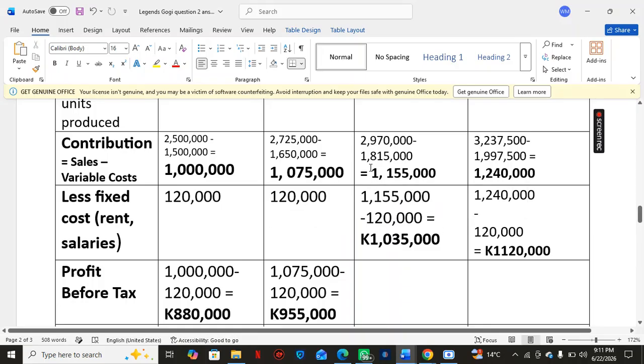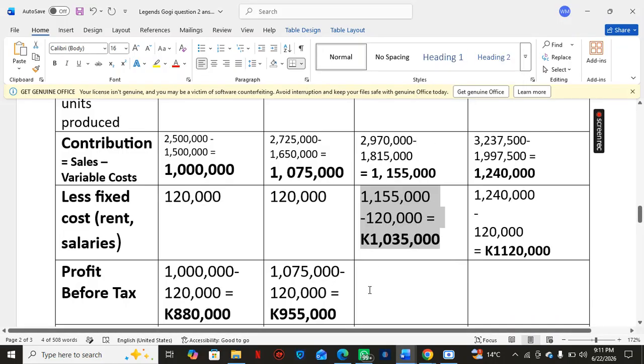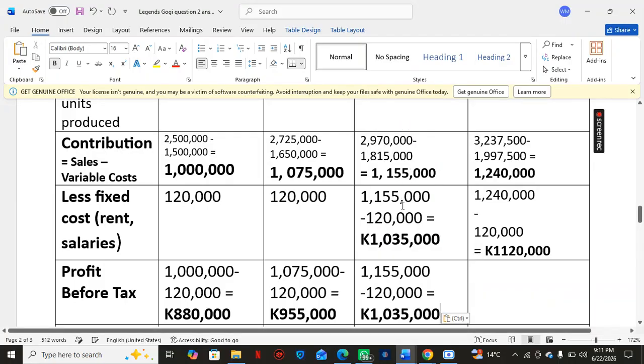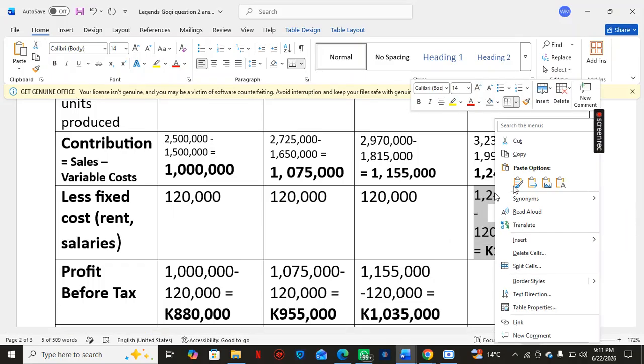Year three, 1,155,000 minus fixed cost of 120,000, you get 1,035,000. Year four, 1,240,000 minus 120,000, you get 1,120,000.